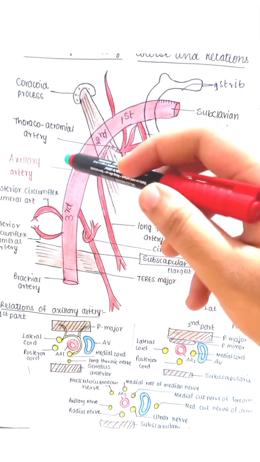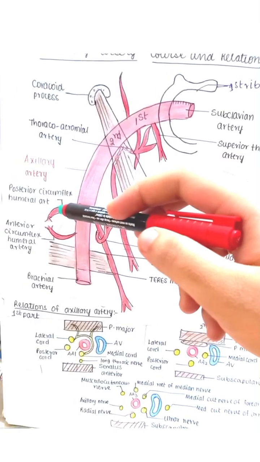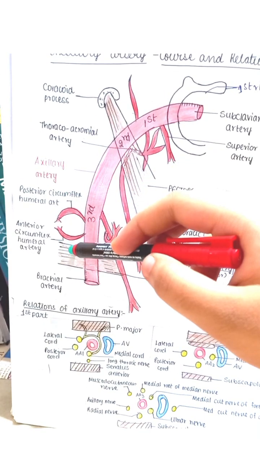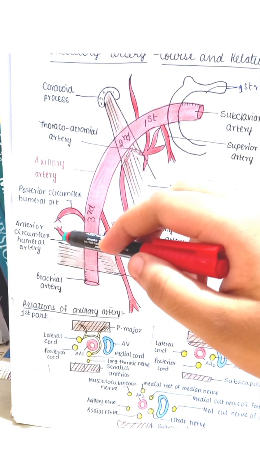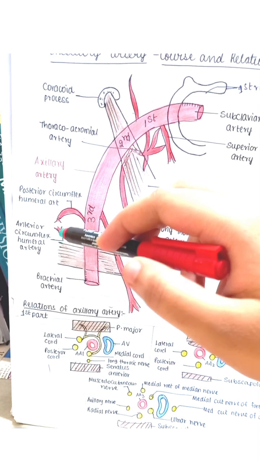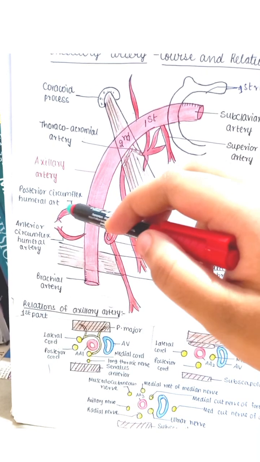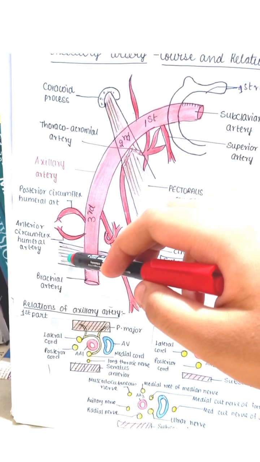The other branches of the third part include the anterior and posterior circumflex humeral arteries. The anterior circumflex humeral artery is a small branch. It passes in front of the surgical neck of the humerus, and it anastomoses with the posterior circumflex humeral artery. The posterior circumflex humeral artery is larger than the anterior circumflex artery.